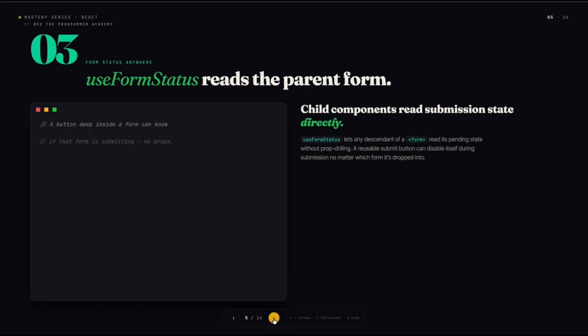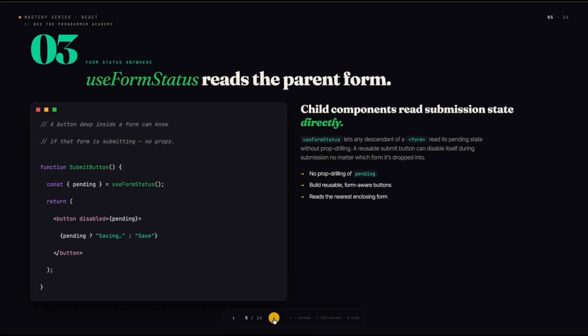Okay, number 3, useFormStatus reads the parent form. So child components read submission states directly. Thanks to useFormStatus, it lets any descendant of a form read its pending state without the need to prop drill, which is just basically passing props down.